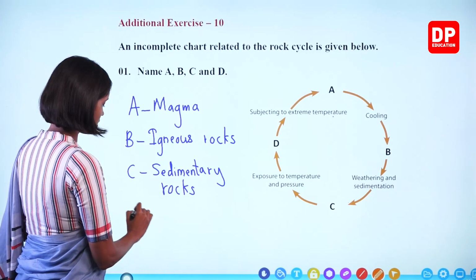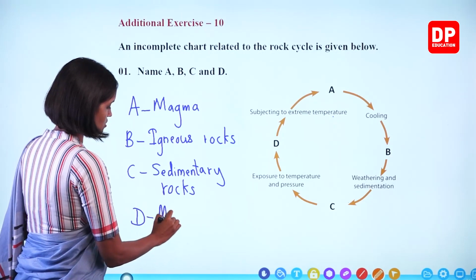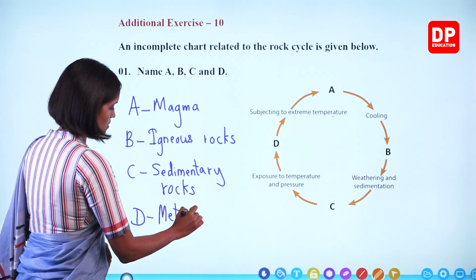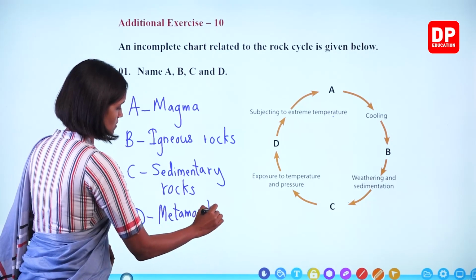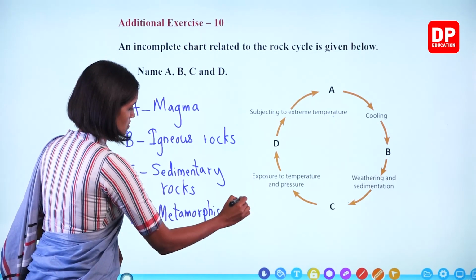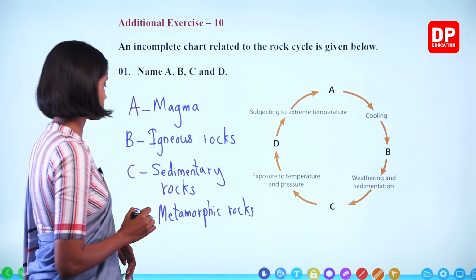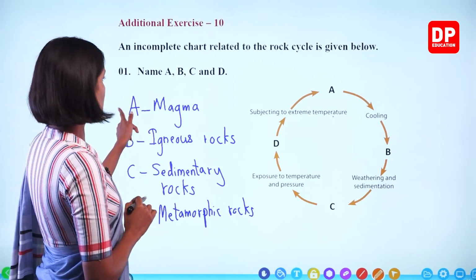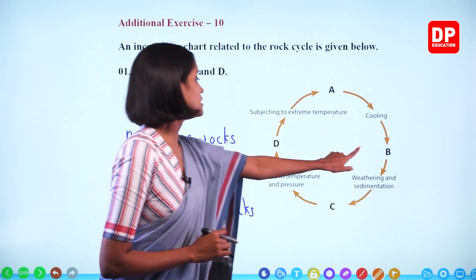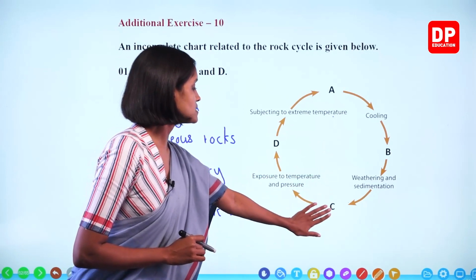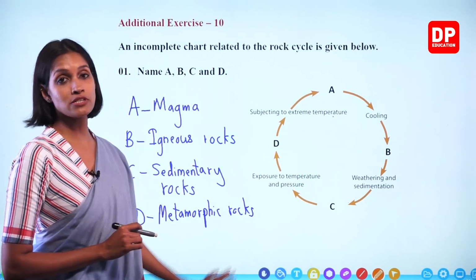And D, metamorphic rocks. Right? A, magma. B, igneous rocks. C, sedimentary rocks. And D, metamorphic rocks.